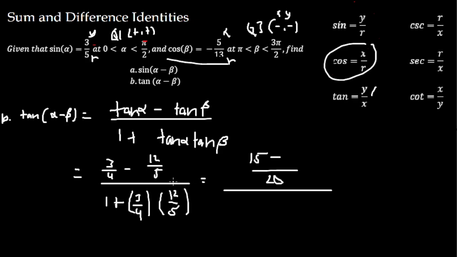Minus, 20 divided by 5 is 4, times 12 is 48. Now, 15 minus 48 is negative 33 over 20. So we just write negative 33 over 20.